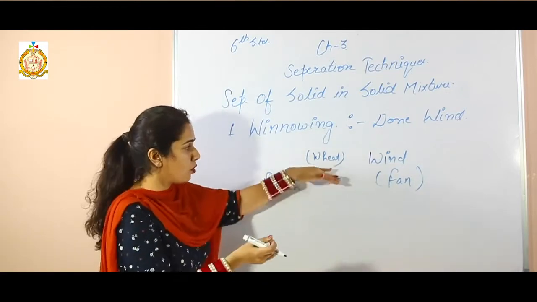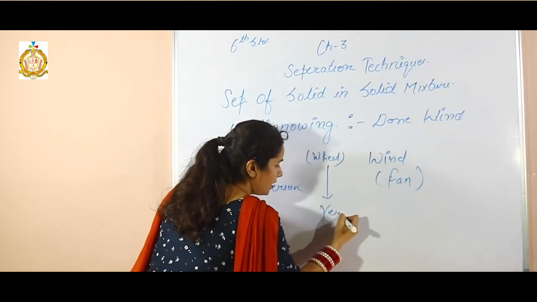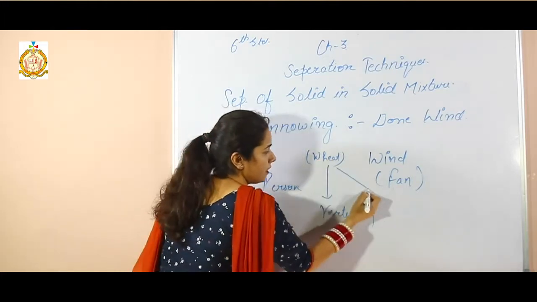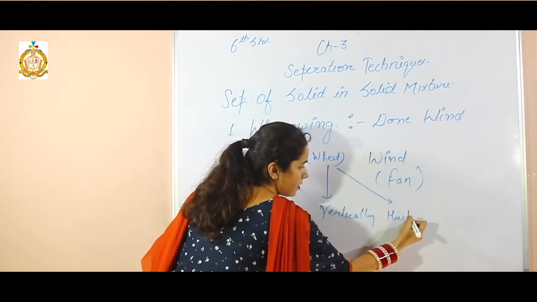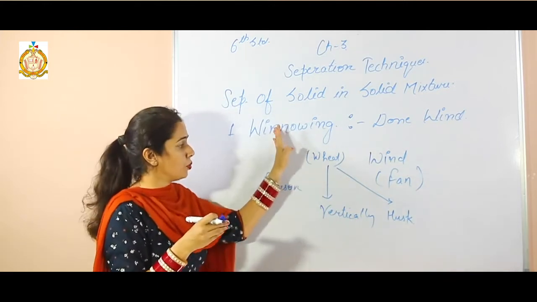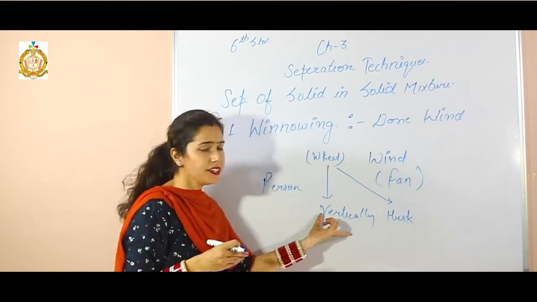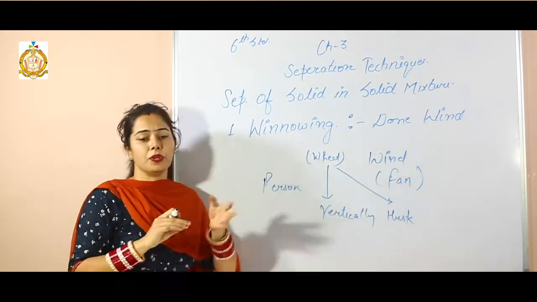The wheat falls down vertically, and the husk falls down at some distance. So by this winnowing, we can separate wheat from the husk, wheat here and husk here. So it is the process of winnowing.